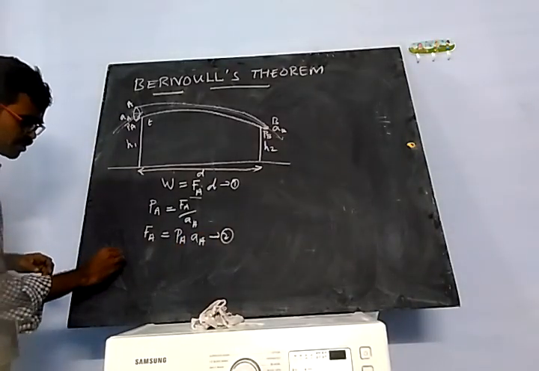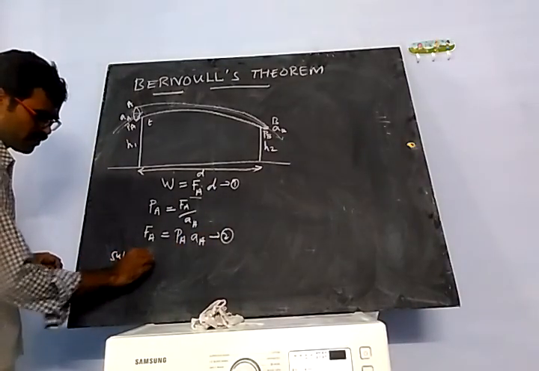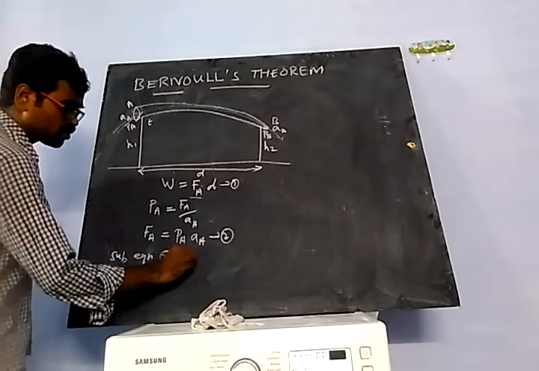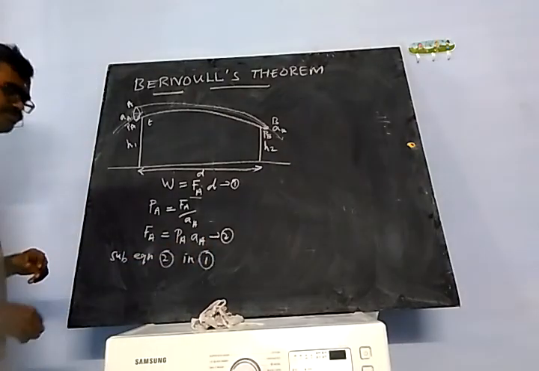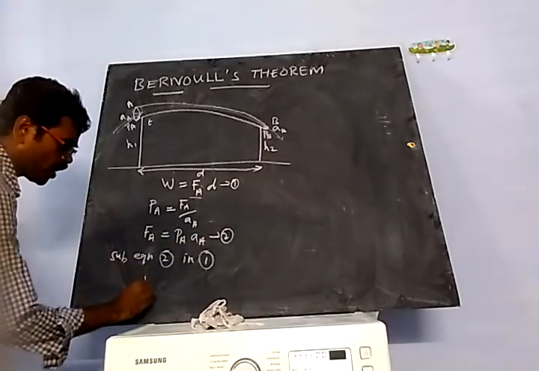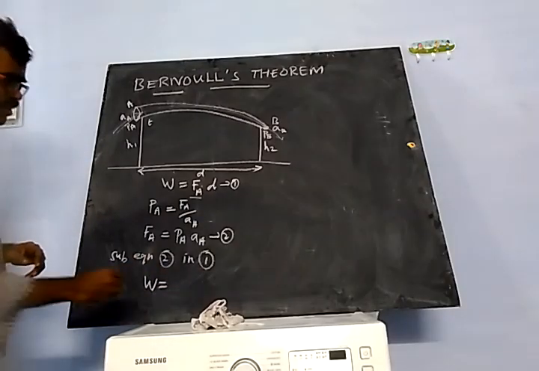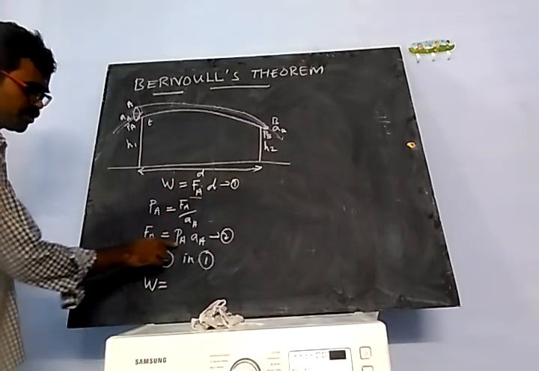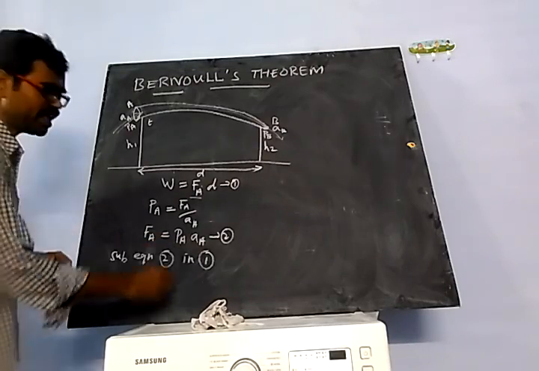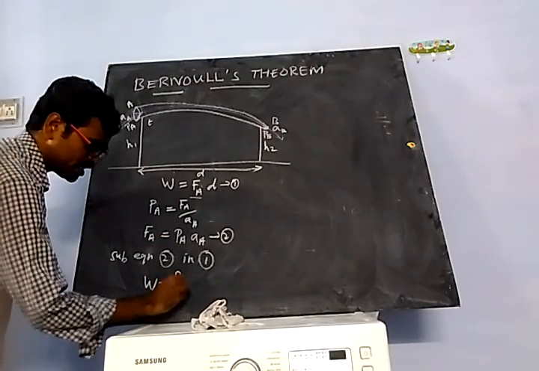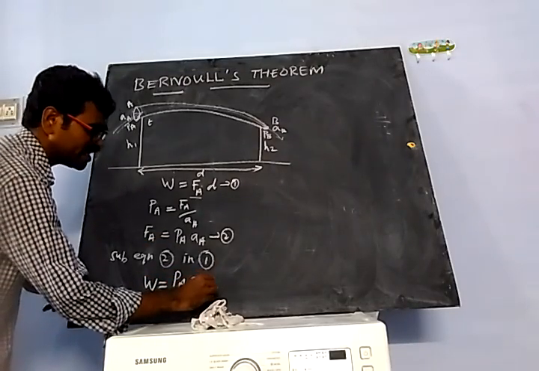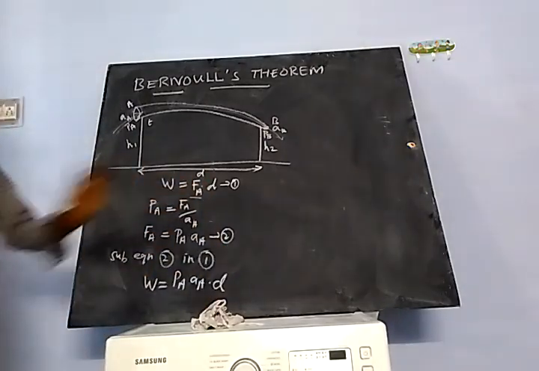You can substitute equation 2 in 1. So work done W is equal to F_A; you can substitute the formula P_A A_A into distance d.